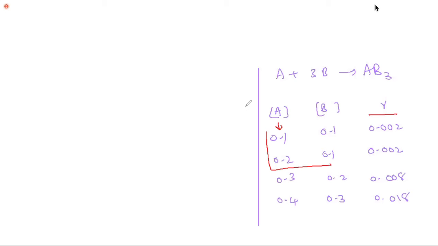Now, you have to decide the order of the reaction with respect to A and with respect to B. When one is constant, the second one is changing. For that, in experiment 1 and experiment 2, the concentration of B is 0.1 in both, which means B concentration is not changing. Are you following?